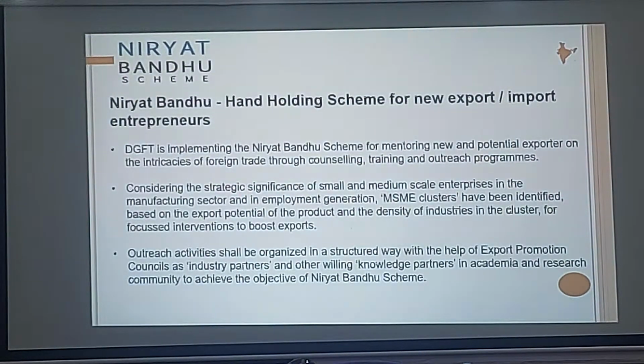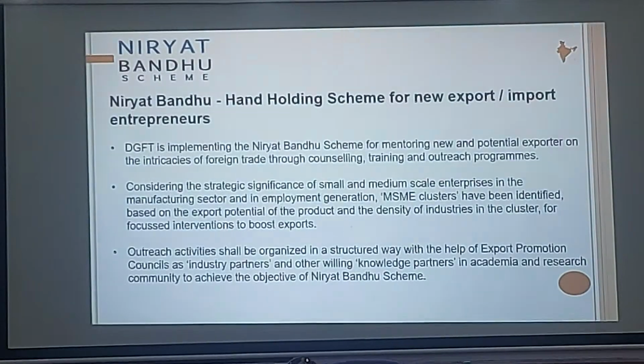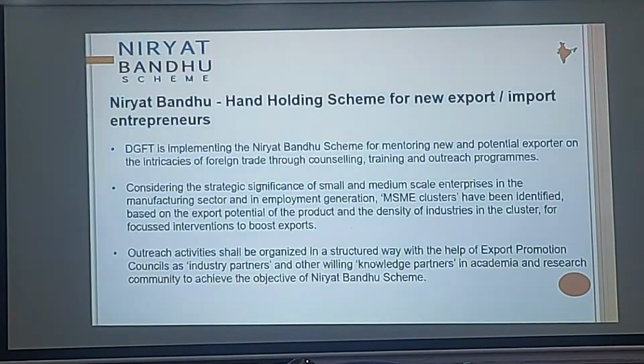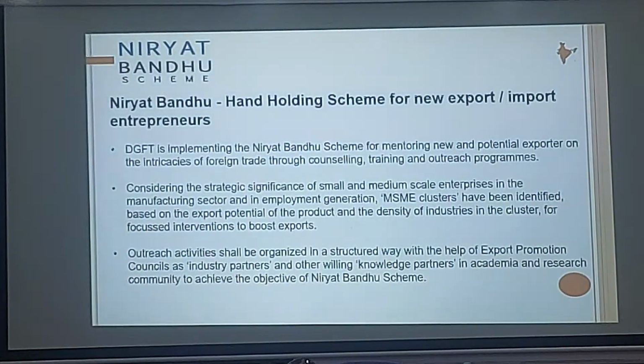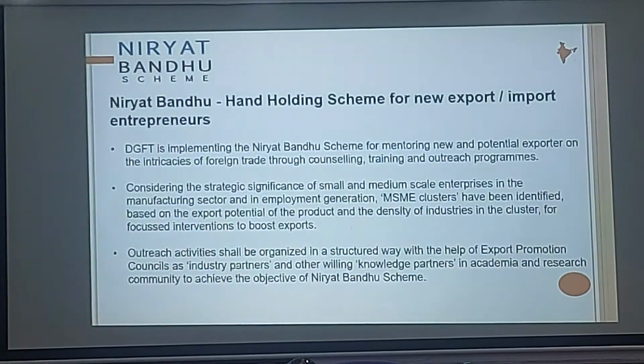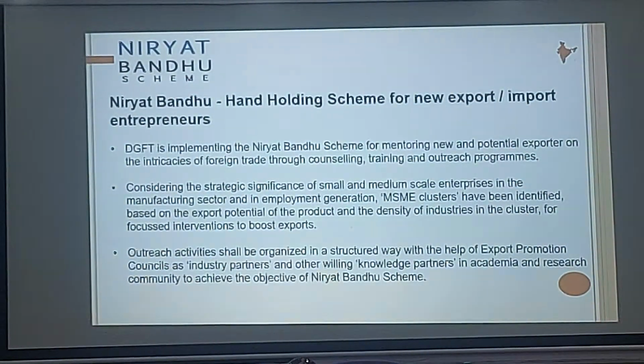And the third component is MBA institutes, MBA colleges or universities where we have courses for foreign trade, international business or economics. We have a component that we sensitize final year students also. The prospective entrepreneurs, we have a component for them.